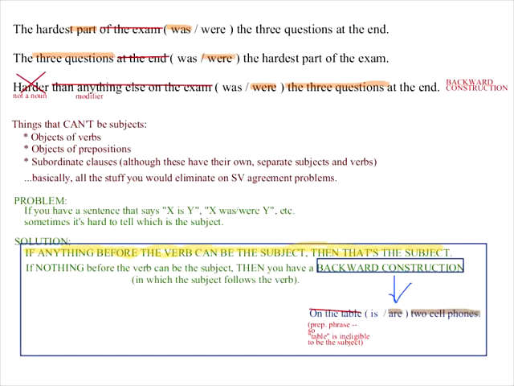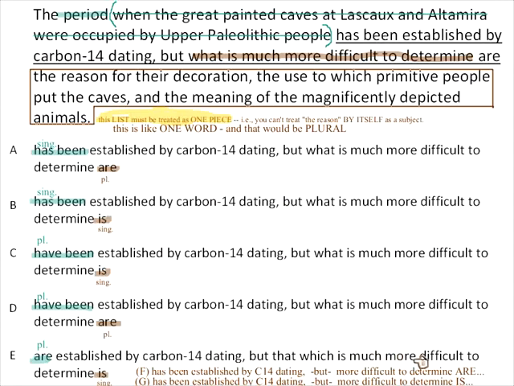Because this is kind of like on the table are two cell phones. Okay, on the table is not, there's nothing in here that can be a subject. And there's definitely nothing in here that can be a subject because there are no nouns. I mean, this more difficult to determine doesn't even contain any nouns. So this is forced to be a backward construction. And as we just got done saying, this is a list, so it is forced to be plural.